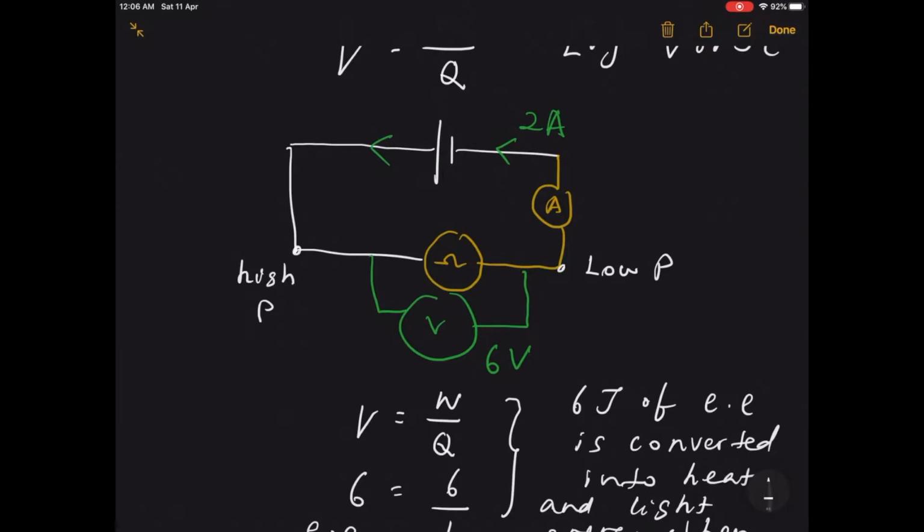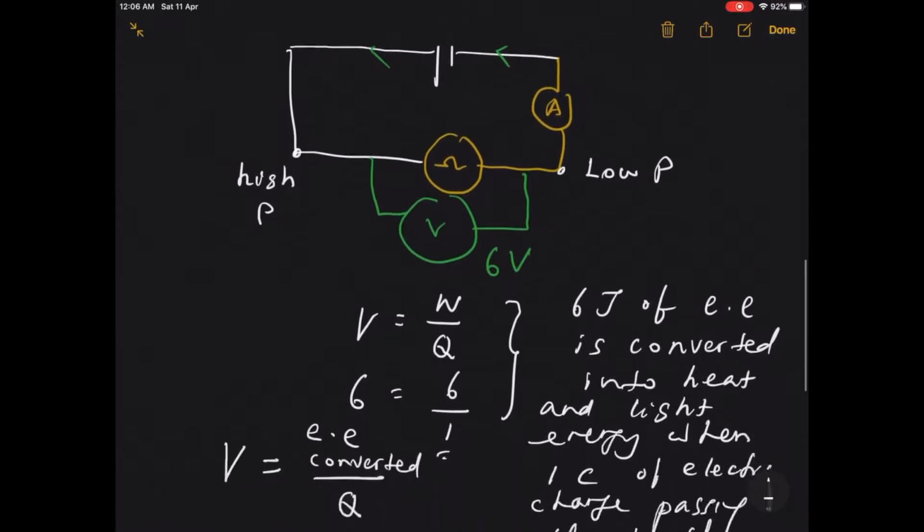And current will always flow from the high potential point to the low potential point. It's just like water can only flow from a high level to a low level. You don't expect water to go up unless there's a pump, right? A water pump. Okay?